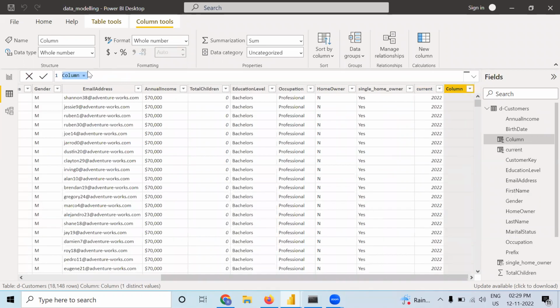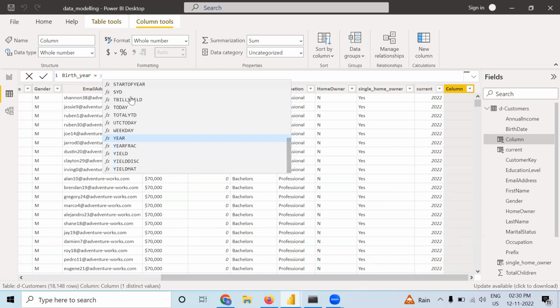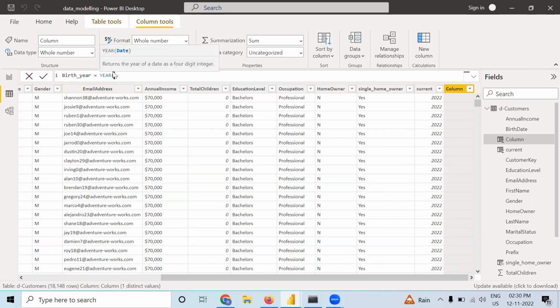Ma'am, can you show us how to extract the month and the... Yes, see, after you're done with this, month and year you can extract very easily. For birth year itself, I'm taking it here. One more time, whatever date column is there, you should put in this YEAR function.